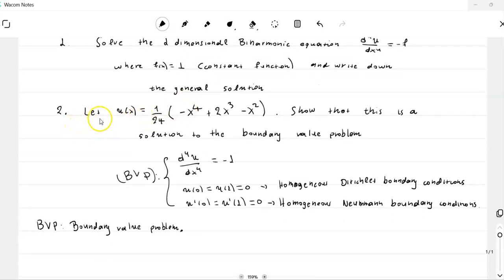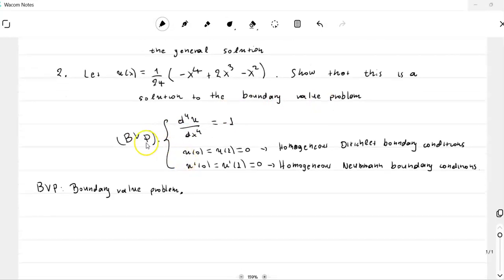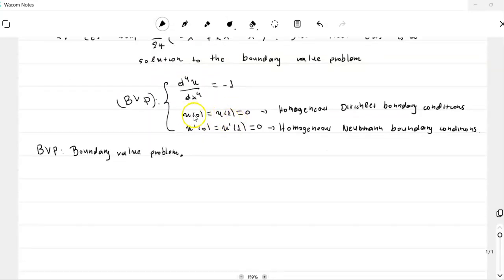In the second problem, we have this single variable function, and we want to show that this is a solution to the boundary value problem. So we have the biharmonic equation, we need to show that this function satisfies it and that it satisfies the boundary conditions u of 0 is 0 and u of 1 is 0.